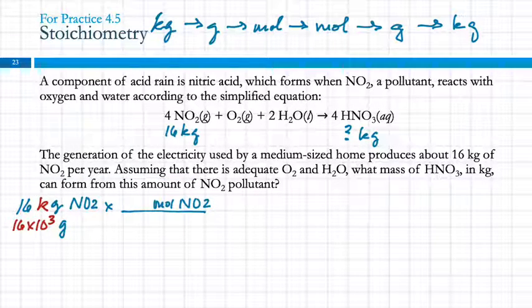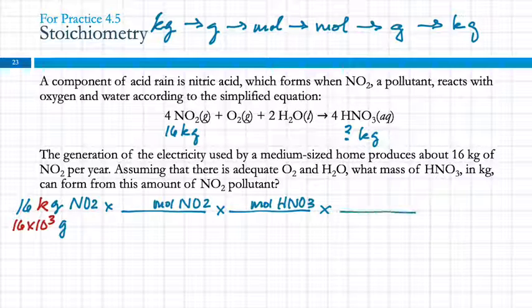And then moles of HNO3. And then grams of HNO3. So I'm going to put grams of NO2 down here. That cancels out the grams, but not the kilo.